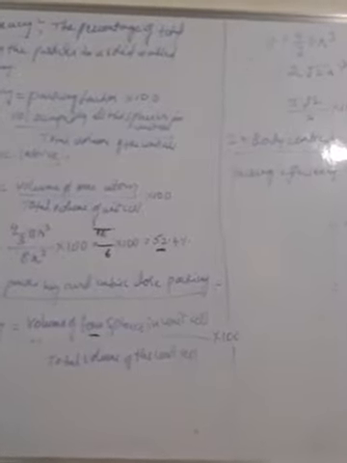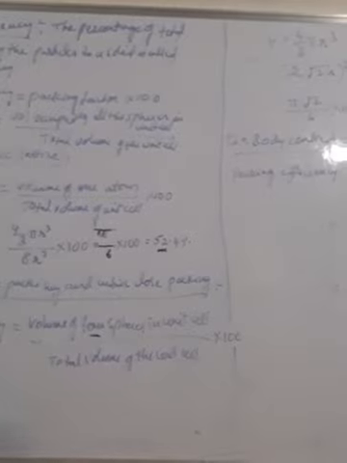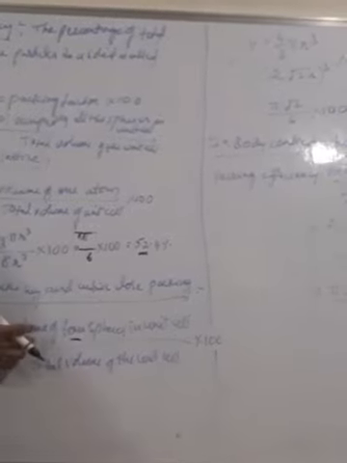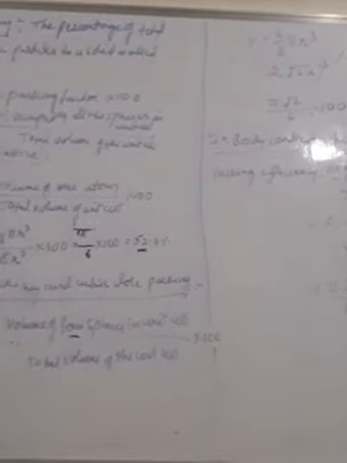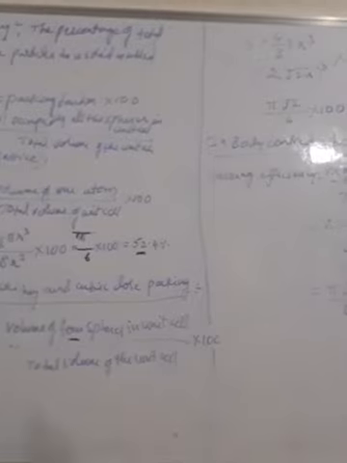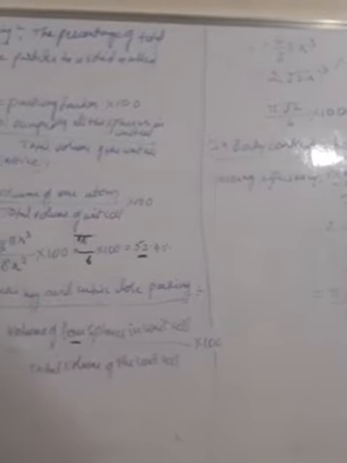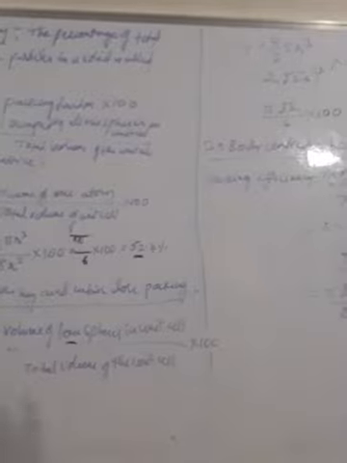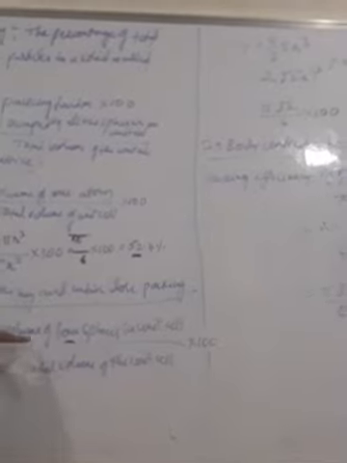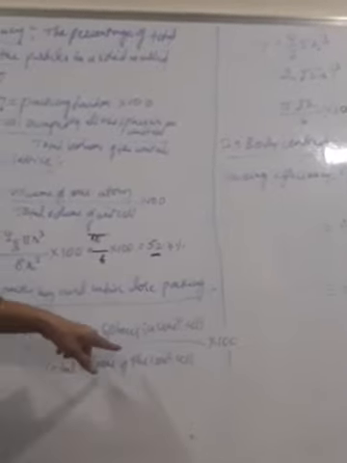So 3 face center points and 1 corner point, totally 4 points are present in an FCC unit cell. So 4 spheres belong to the FCC unit cell. That's why we write the volume of 4 spheres.